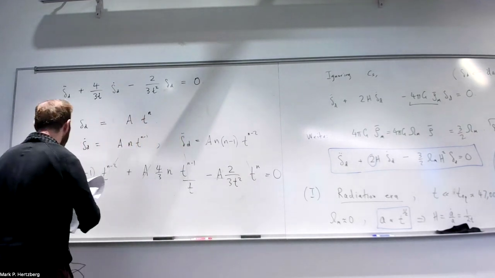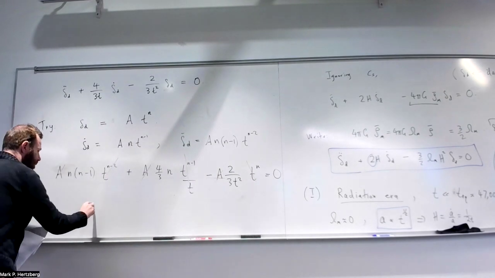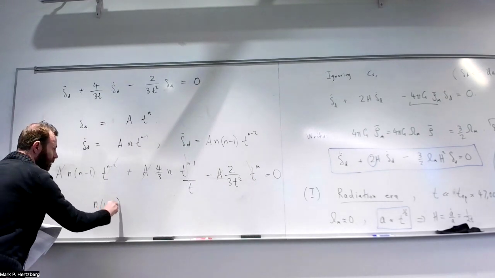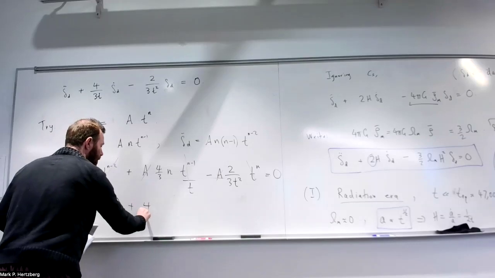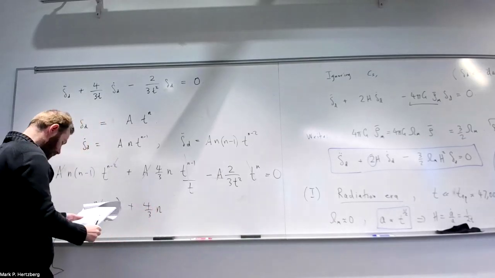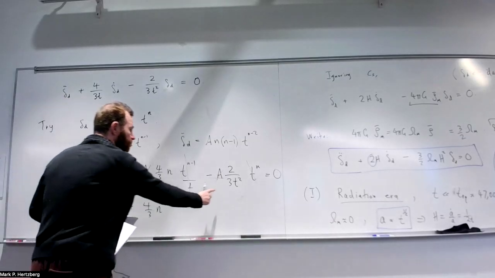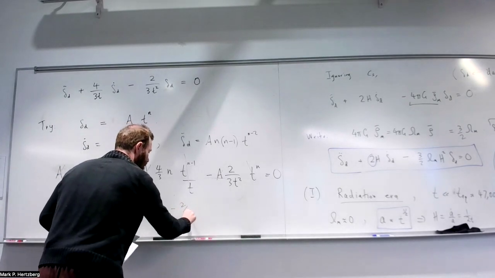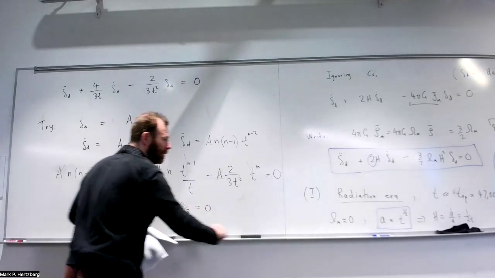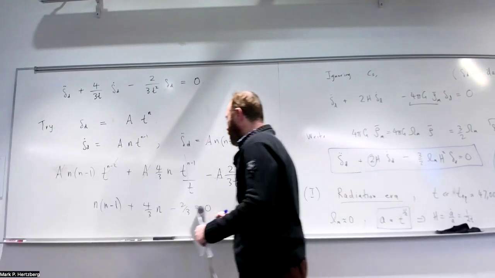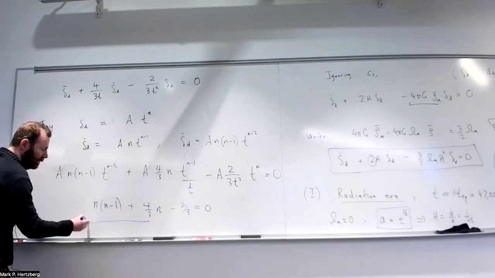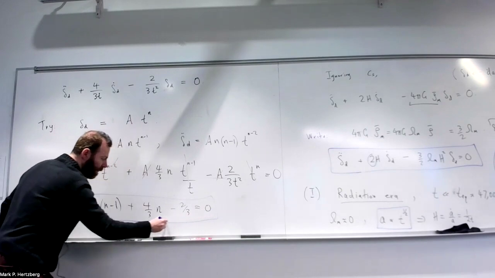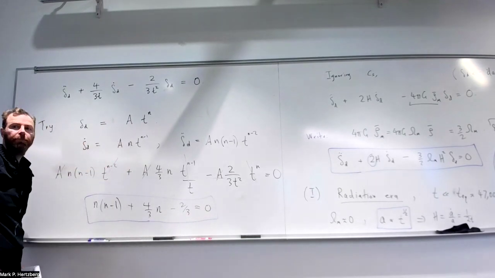Let's just stare at this thing for one second. n minus 1, minus 2/3. Okay, so it's just a quadratic equation for n. There it is.